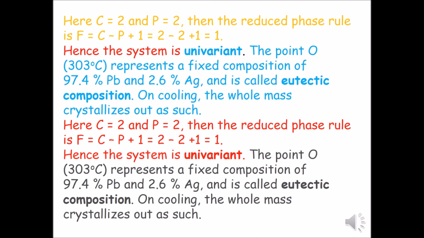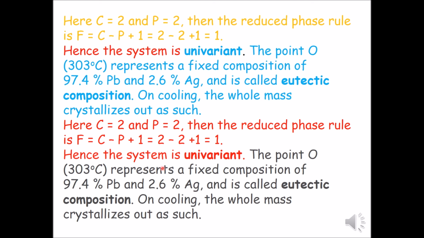So when we apply condensed phase rule here, I have applied C minus P plus 1. If components are 2, phases are 2, plus 1, so degree of freedom will be 1 at curves. And here the system will be univariant. And point O, 3 degree temperature, eutectic mixture, melting point, and the composition is this that we have discussed many times.